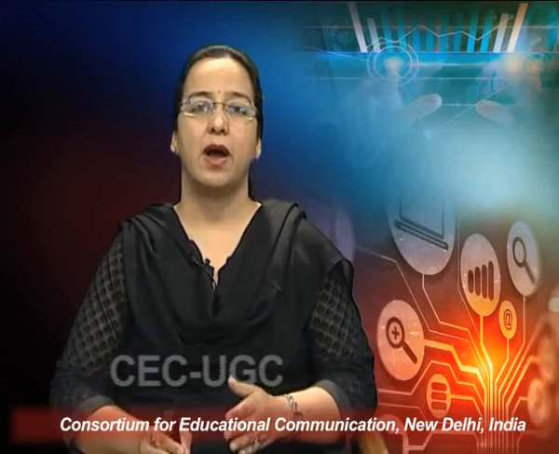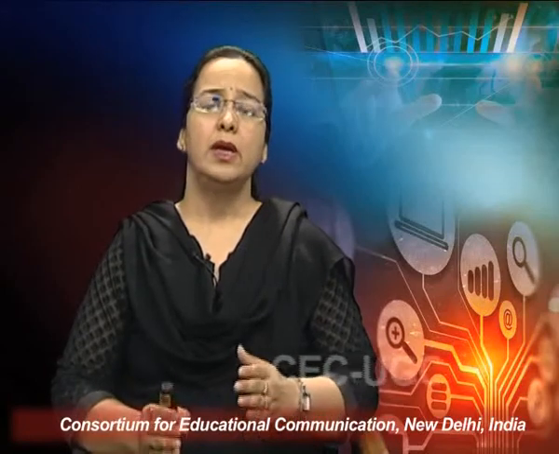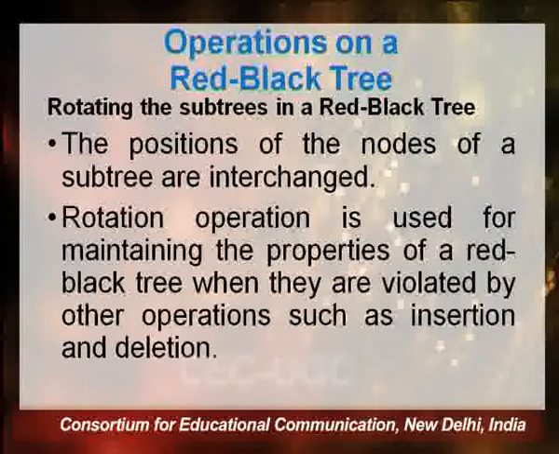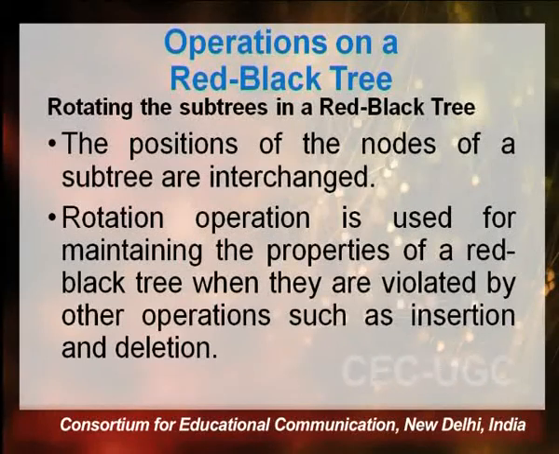Rotation is basically the rotation of subtrees in a red black tree. In this process of rotation, the positions of nodes of the subtrees are interchanged, and this operation is used for maintaining the properties of the red black tree when they are violated by other operations such as insertion and deletion.